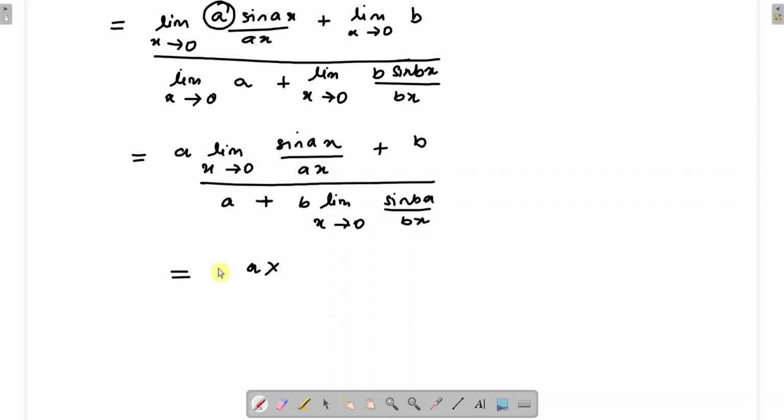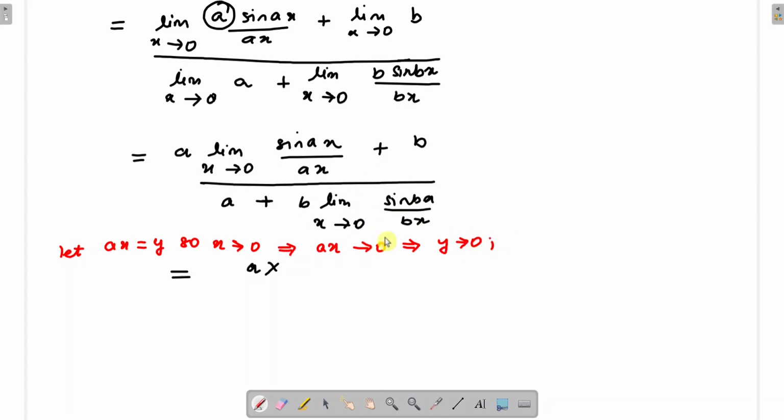Here what do you have to do? Let ax be equal to y. If x tends to 0, that means ax will also tend to 0, and that means y will tend to 0.